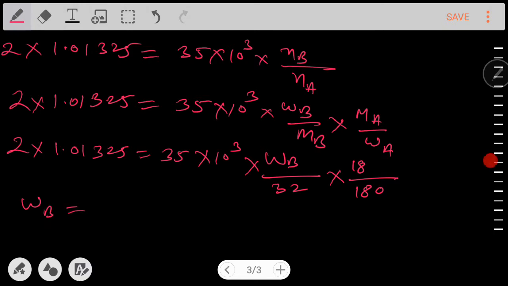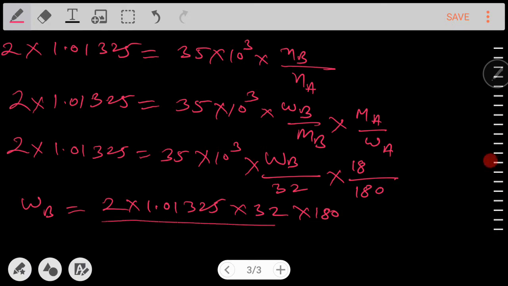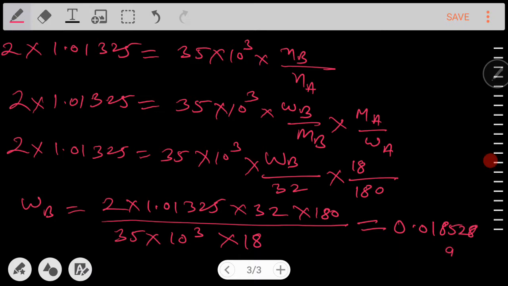It is equal to 2 into 1.01325 into 32 into 180 upon 35 into 10 to the power 3 into 18. When you solve it, you will get your answer 0.018528 gram. This is your final answer. This amount of dioxygen is present in the solution.